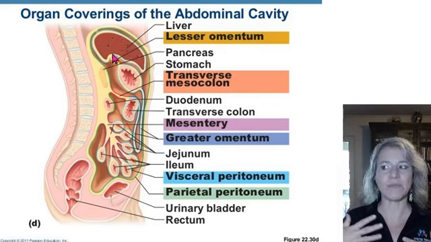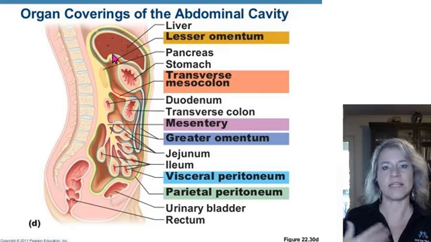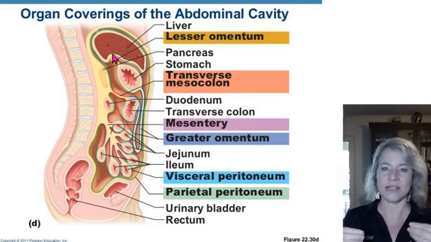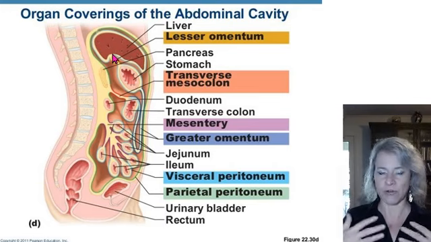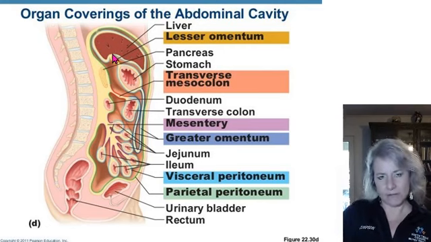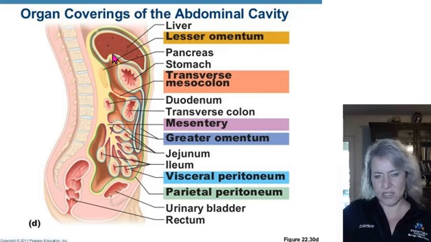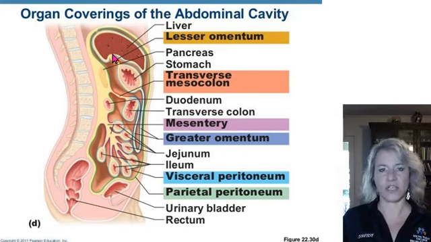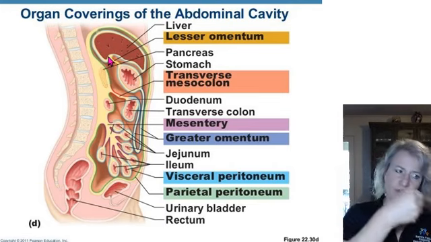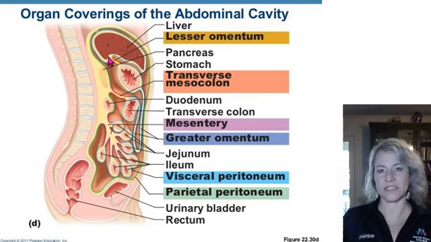So you need something to hold it in place, and that would be the mesentery and the lesser omentum holding the stomach and liver in place, while the greater omentum isn't necessarily holding organs in place, but it's got that nice pocket of fat that's protecting your organs from blows to the stomach, to your abdominal cavity, and it keeps them warm. It's a cushion.